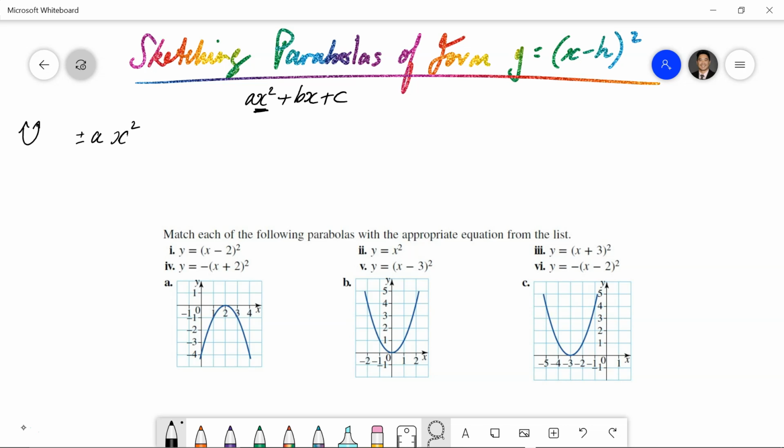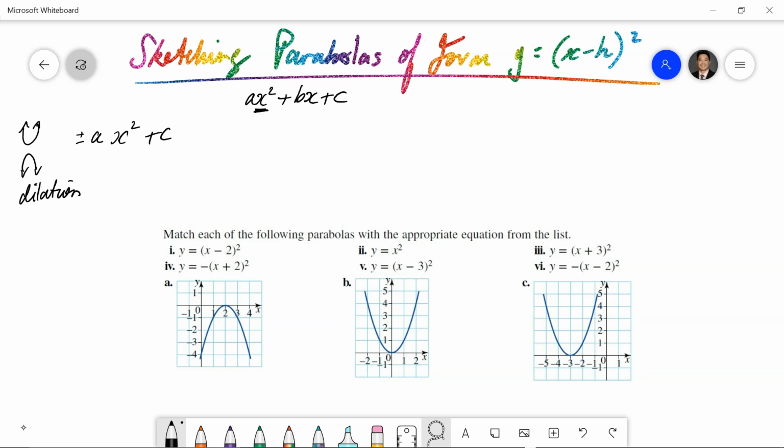Basically, it went up or it went down. It was either skinnier or it was wider. So it affected the dilation of the parabola.